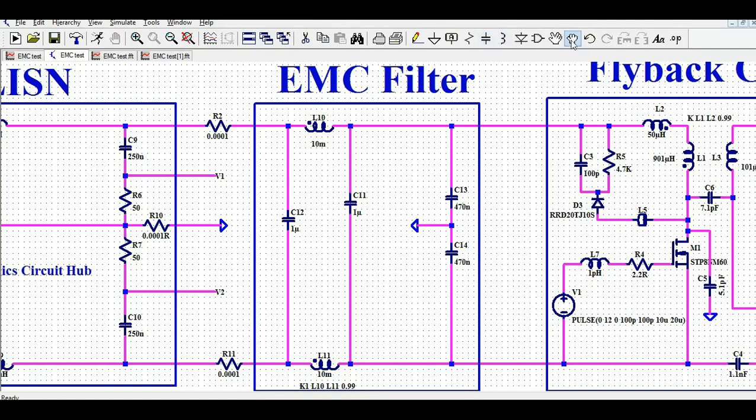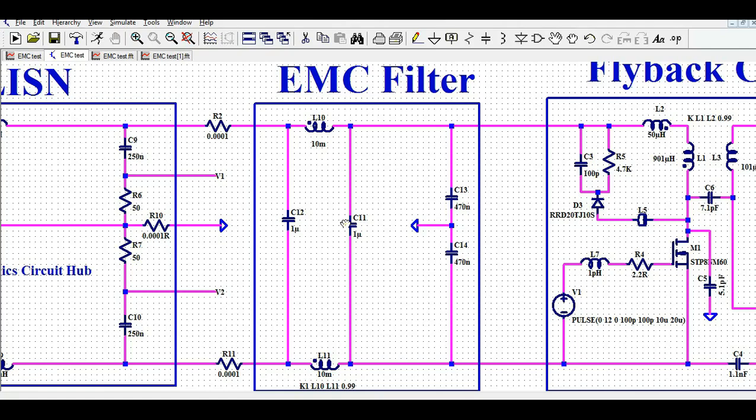I designed here the pi filter, with C12 and C11 to form the filter here. These C12 and C11 are the X capacitors, and you can use a value lower than 1 microfarad based on your design requirement. But for now, I am using 1 microfarad only. So C12 and C11 are 1 microfarad, and the common mode choke value is 10 millihenry.